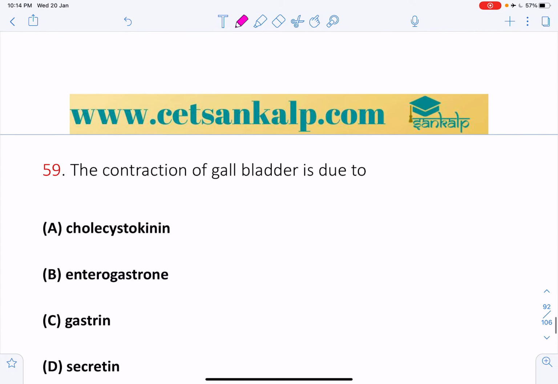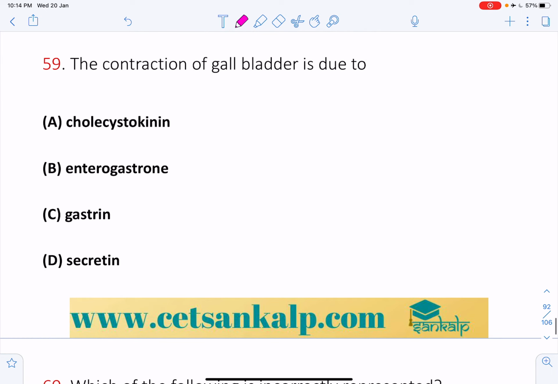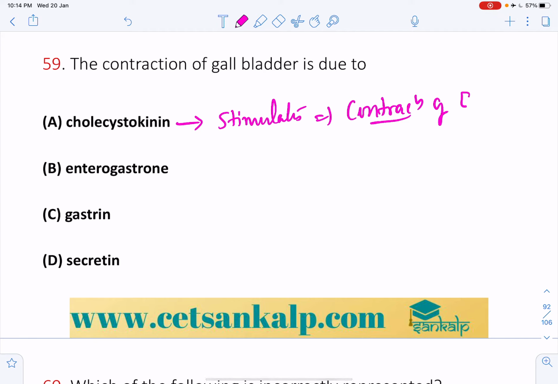Next, the contraction of gallbladder is due to, that is where we have mentioned contraction. Cholecystokinin stimulates the contraction of gallbladder. Whereas secretin stimulates the liver to produce bile juice.